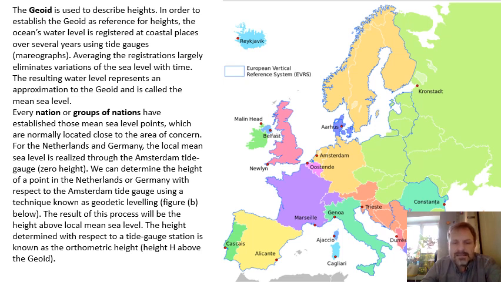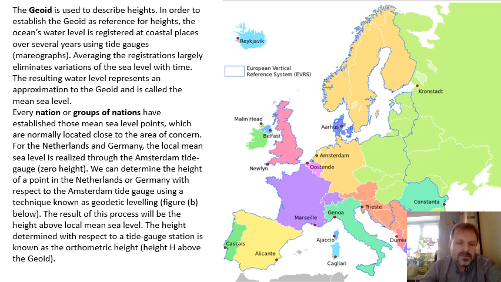We can determine the height of a point in the Netherlands or Germany with respect to the Amsterdam tide gauge using a technique known as geodetic leveling. The result of this process will be the height above local mean sea level.